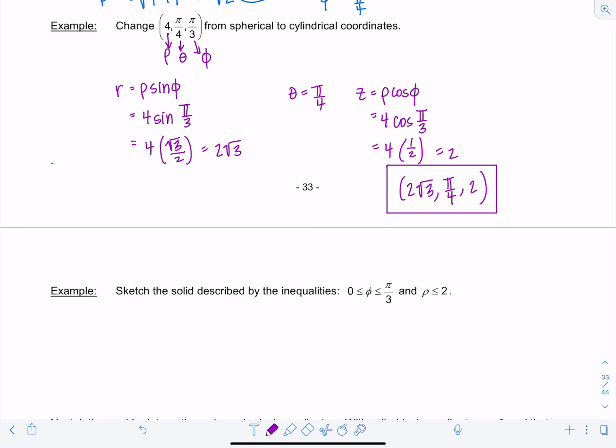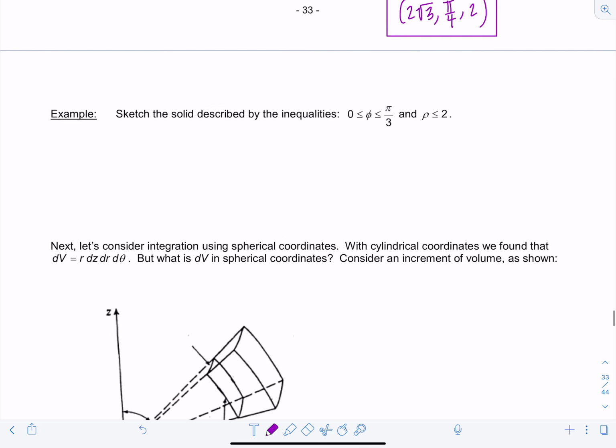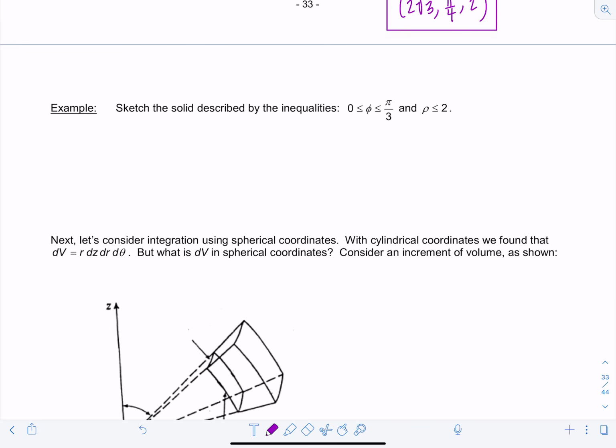Okay, now as you've seen when we did triple integrals, a lot of the times they were used to find volumes of solids that were enclosed by different surfaces. So it's going to be important that we can understand how to graph and intersect surfaces in space and also restrict them. So sketch the solid described by the following inequalities. So phi is going to be bounded between 0 and pi thirds, and then rho is less than or equal to 2.